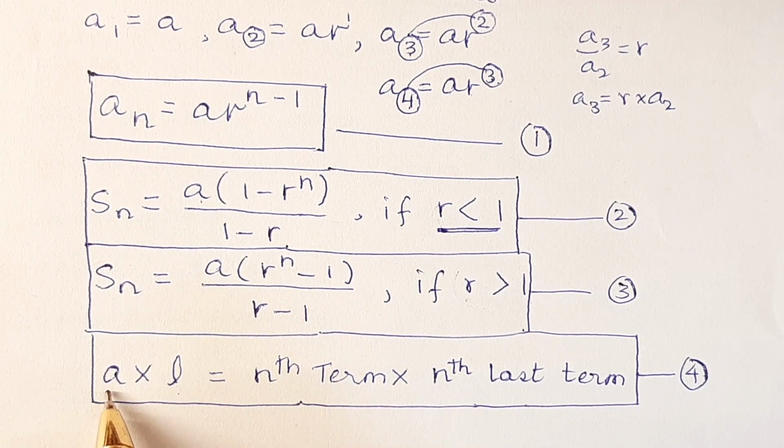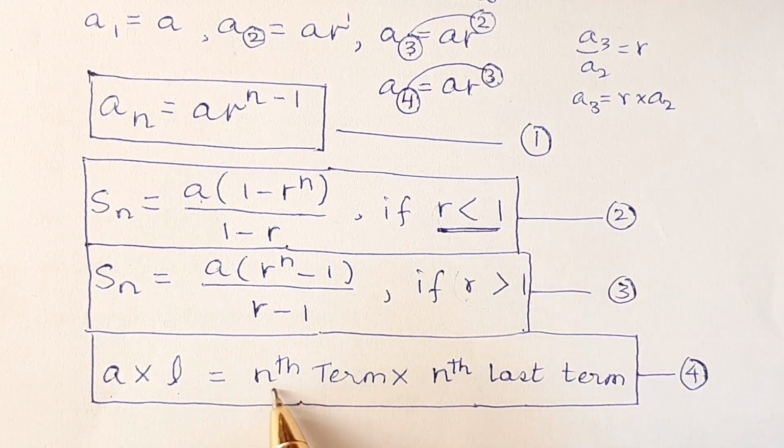And also the third formula is A into L. A is the first term, L is the last term. So A into L is equal to nth term multiplied by nth last term. Like for example, the first term multiplied by the last term. So if first and the last term are mentioned, we could use first term multiplied by the last term will be equal to the nth term from the beginning multiplied by nth term from the end.